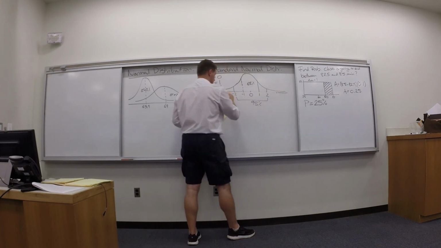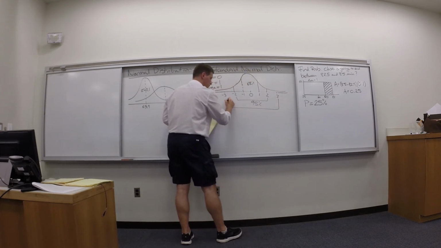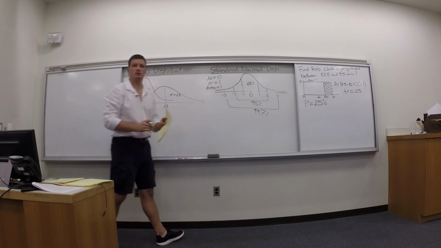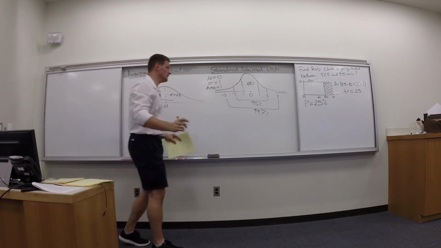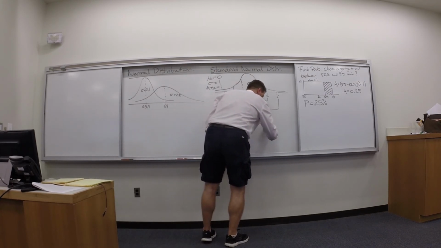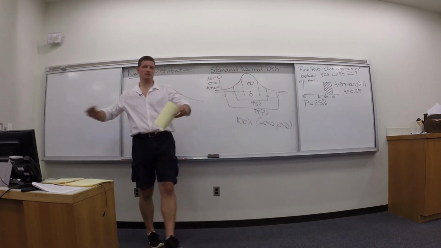And then -3 to +3 will be 99.7%. Now this graph goes out to infinity. So if we wanted to take 100% of the data, we would be looking at something from negative infinity to infinity. So we're looking at all of it.